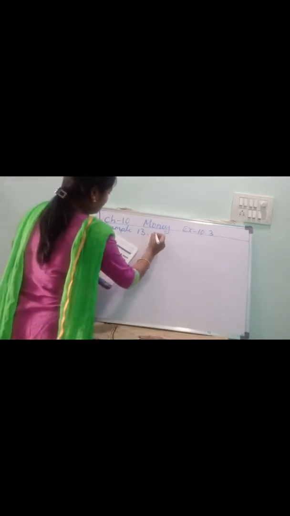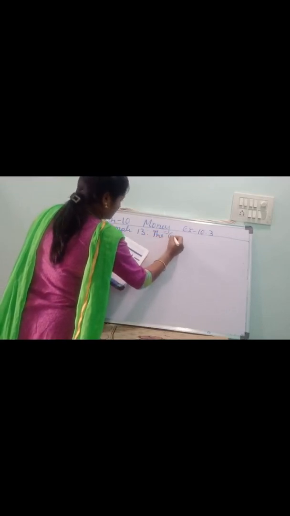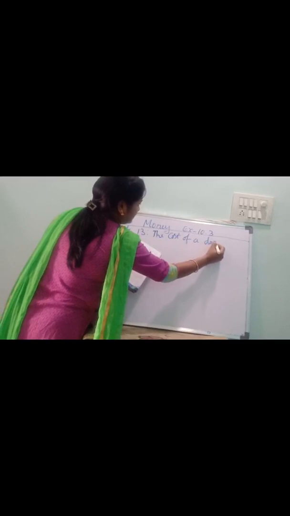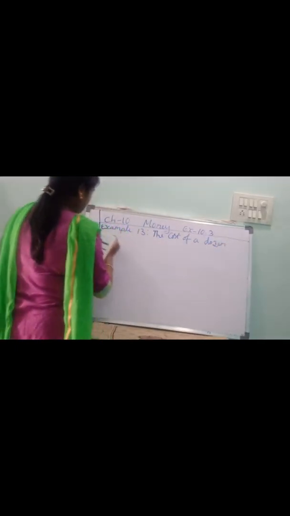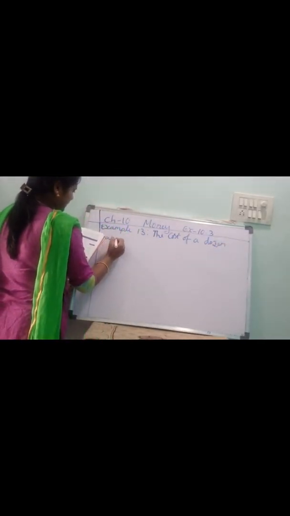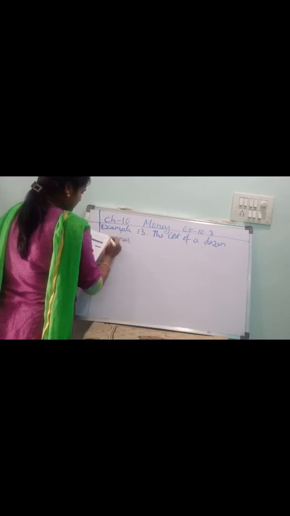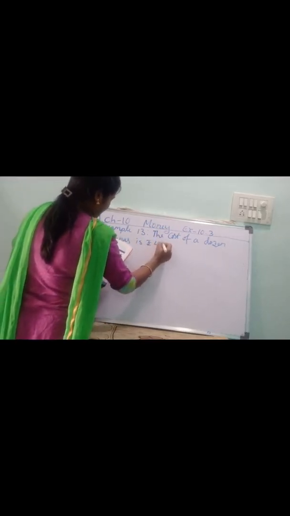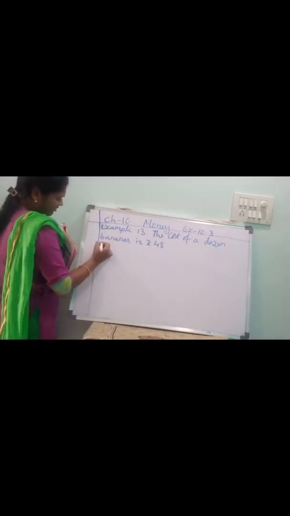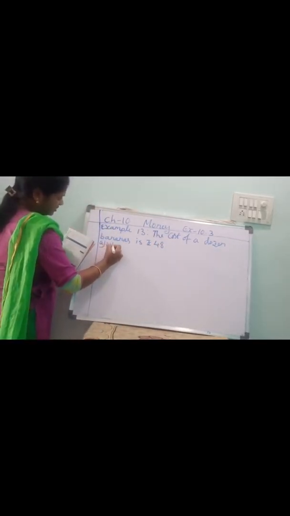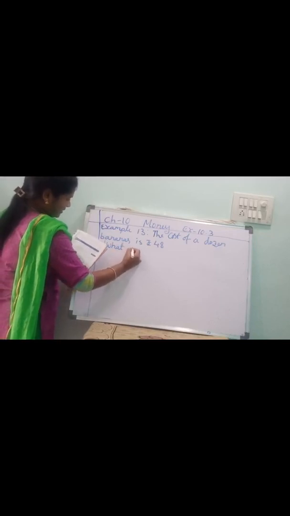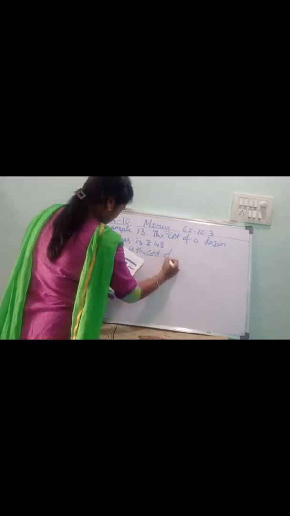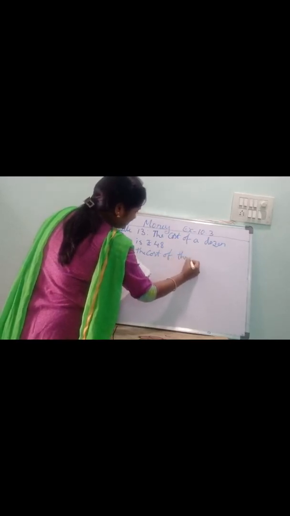See, the cost of a dozen bananas is rupees 48. Okay. First question: what is the cost of 3 dozen bananas?